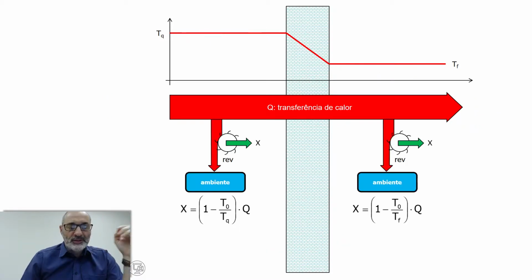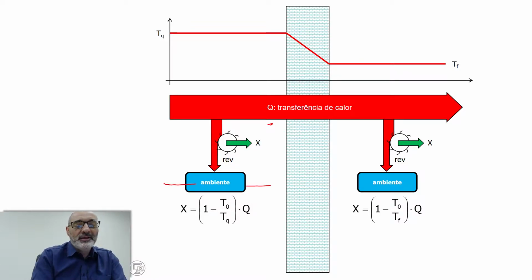So I'm going to do this. I'm plugging my Exergy meter between the heat source, which is Q here, and the environment, which is at the temperature T0. The reference environment is at T0.